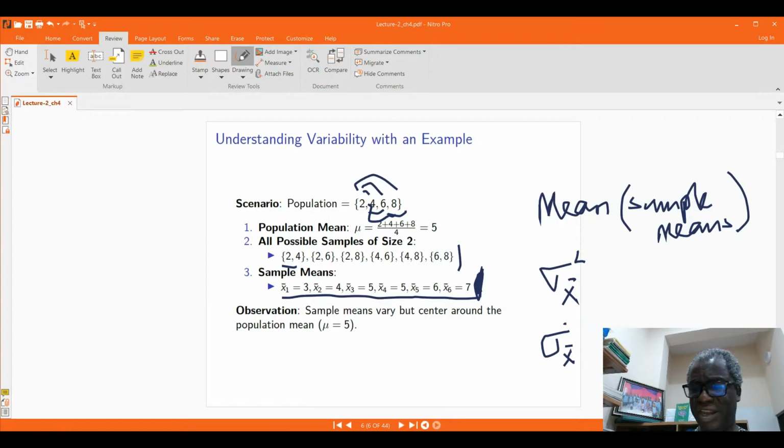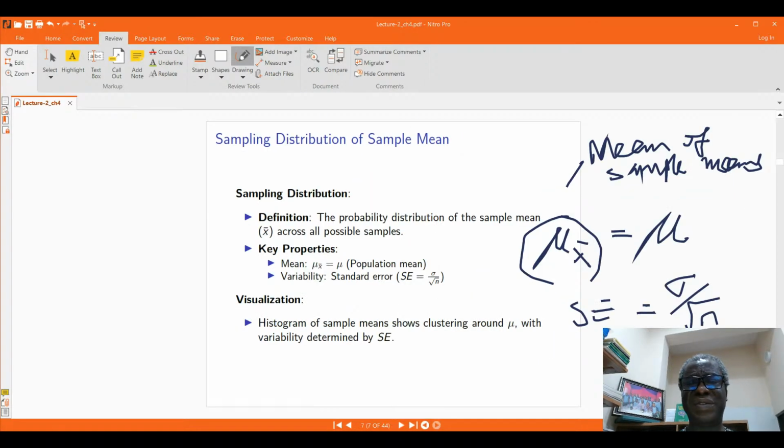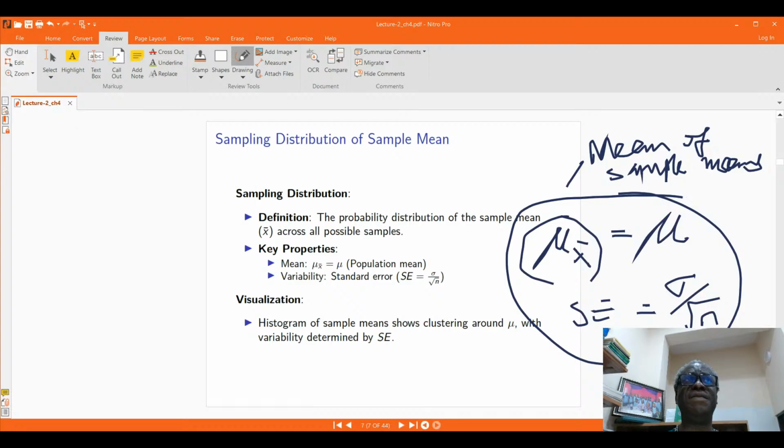So that's how standard error is computed. So these two properties are very, very important.